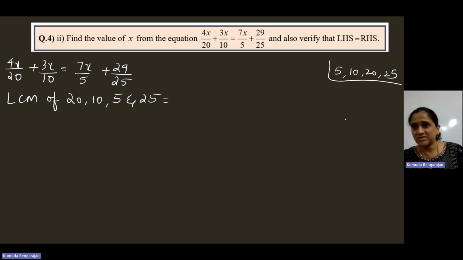Okay, this LCM procedure, I'll work it out later. Now you all know that. So it's 100. Okay, so now what's the next step?